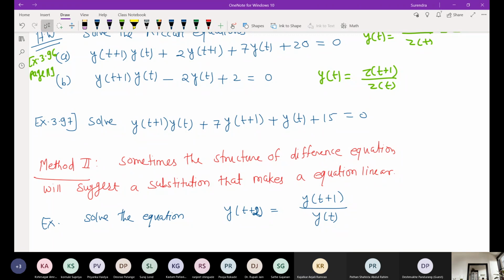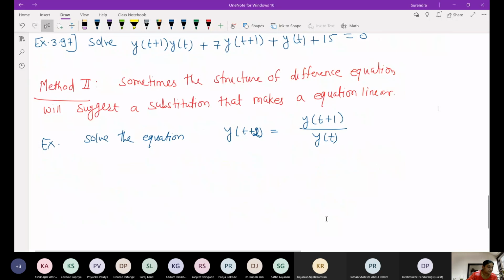Non-linear, yes, it is non-linear because division is there, or product also you can say, because if you simplify this you will get y at t plus 2 into yt is equal to y at t plus 1. So there is a product term, or you can say a division term. So this is a non-linear difference equation.